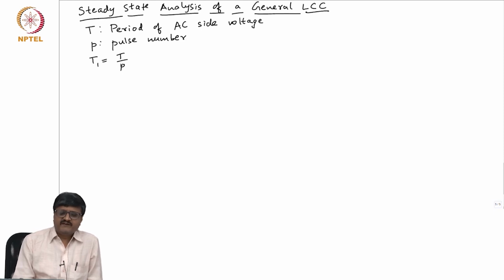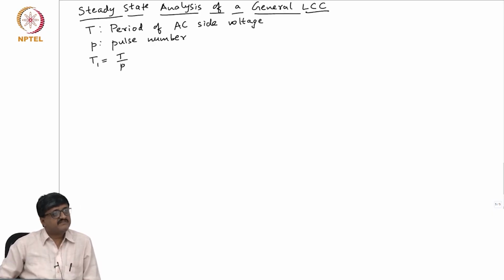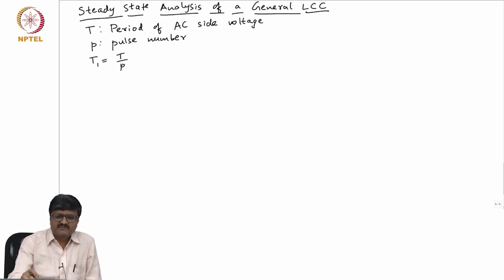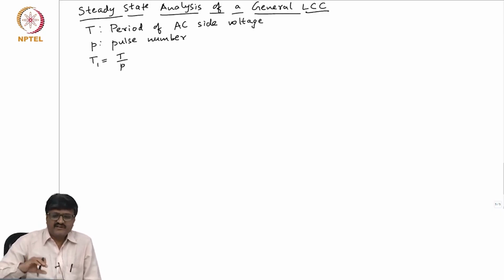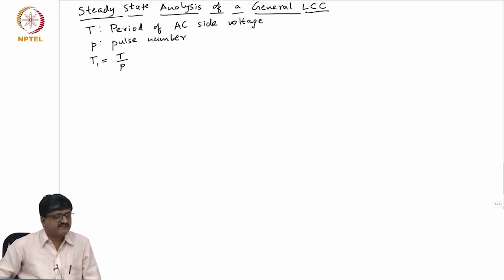So, if T is the period, what is T1? I mean, period divided by pulse number, what does it give? There is a name for that. Say, in the previous case, P was 6. So, if the period is divided by 6, what we get is T1. What is that? We have been using the name interval.